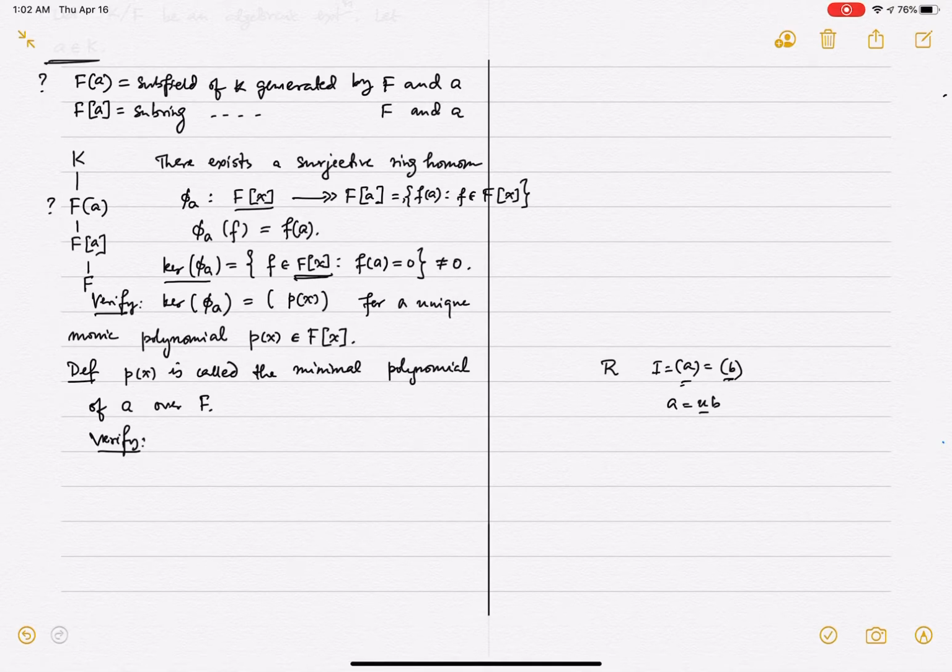So in fact, it's the unique monic polynomial of minimal possible degree that a is a root of.